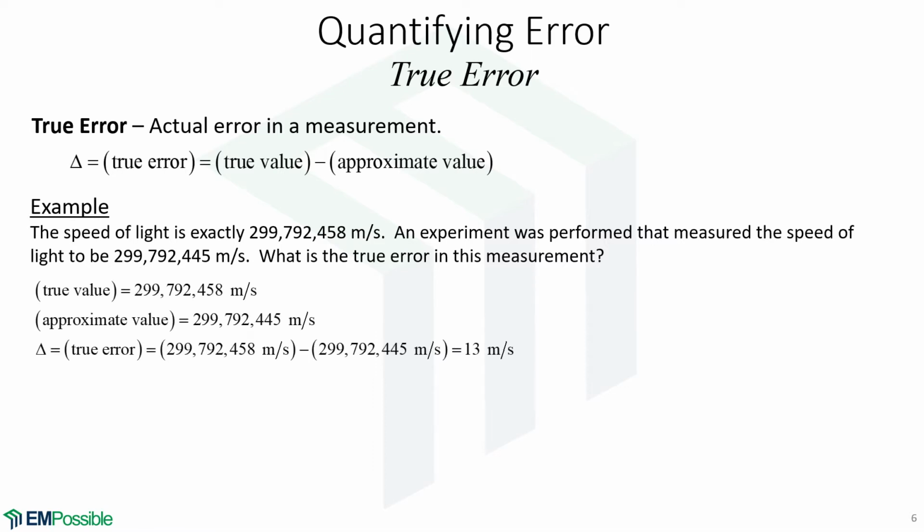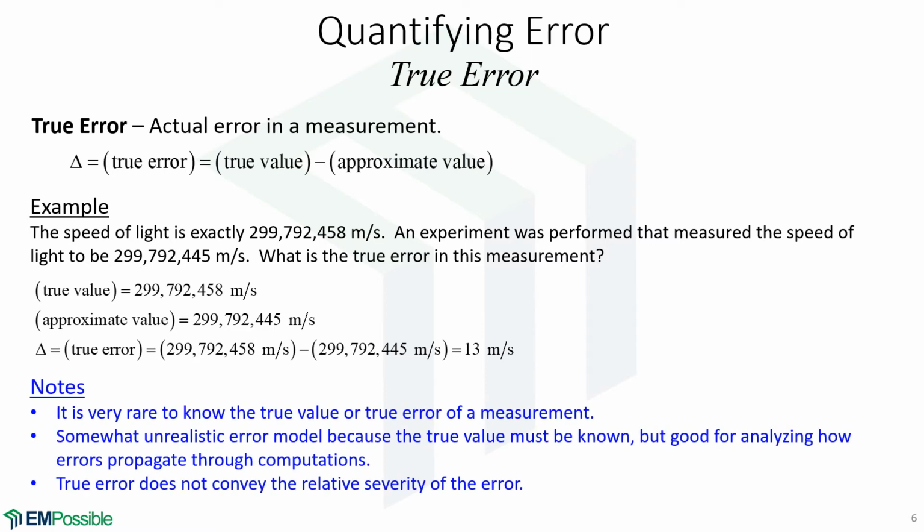Well, our true value is 299,792,458 meters per second. Our approximate value that came from our experiment, 299,792,445. So we apply our definition of true error, where we have the true value and we subtract our approximate value, and we get 13 meters per second. That is our true error.